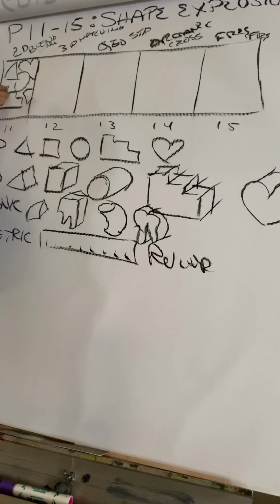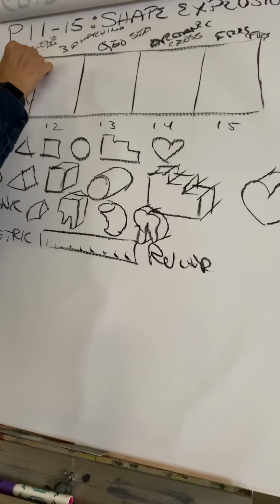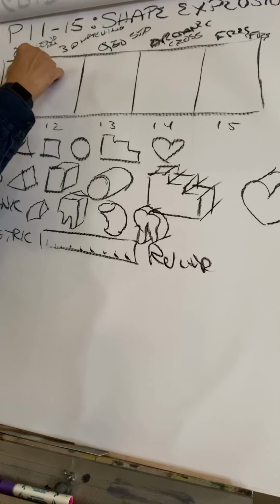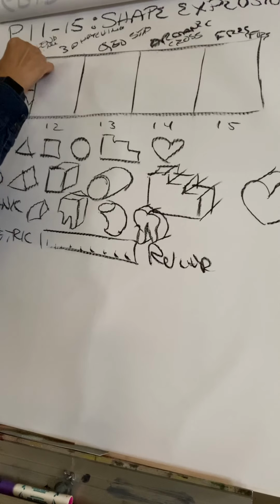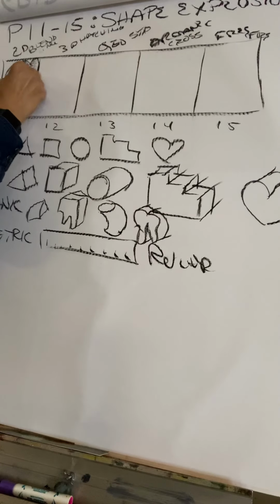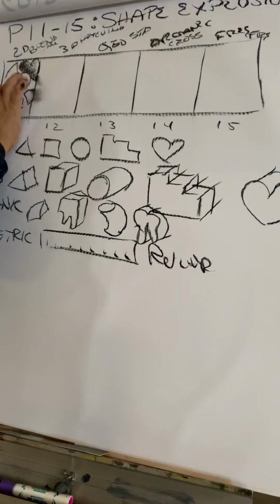So here's my 2D. I decided to go ahead and blend, and blending with charcoal is a little bit different. You got to go light to dark, very soft, and you could get really dark values, and we'll cover that later. For right now, I thought I'd demo it because it's a little faster to work with.